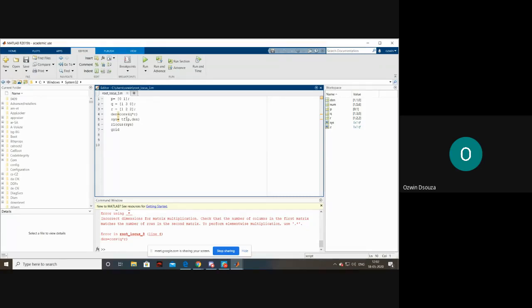So if I multiply these two manually, we'll get Q as a fourth order equation, whose coefficients are 1, 5 for 5s cube, 8 for 8s square, 6 for 6s, and 0.